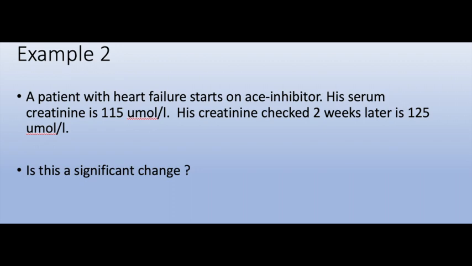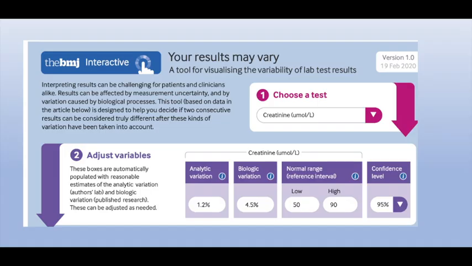Is this a significant change? So the analytical variation for creatinine is about 1.2%, and the biological variation is about 4.5%.